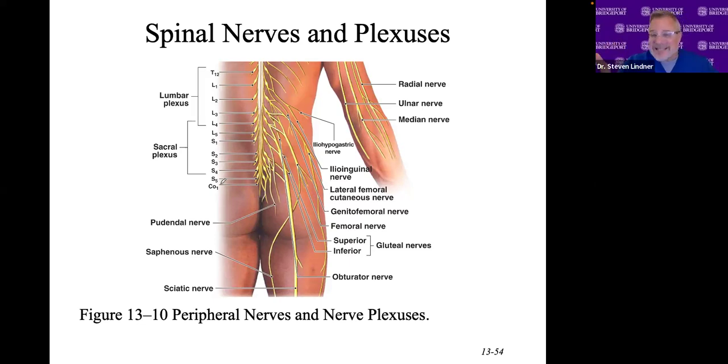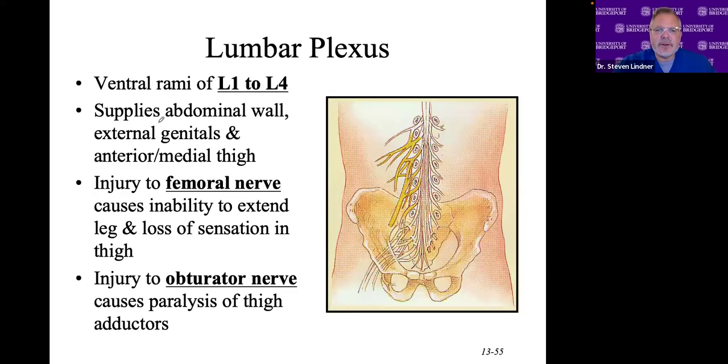There's no thoracic plexus. It's just intercostal nerves. And then in the lower back, we have this lumbar plexus right here. And then we also have a sacral plexus here, right? And I'll let you know if there's any important nerves that we need to be familiar with here.